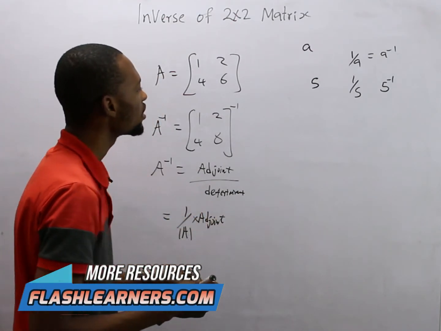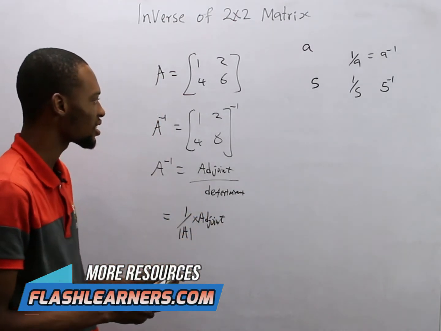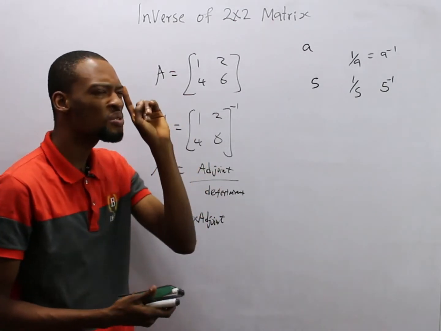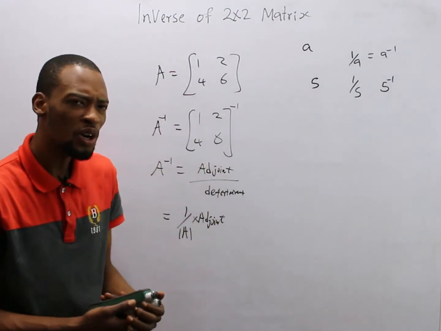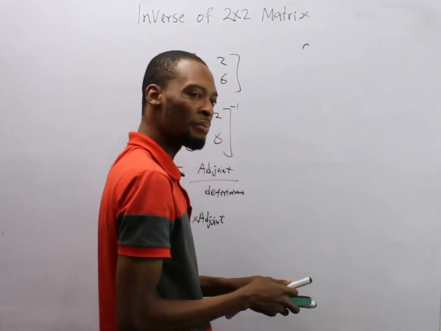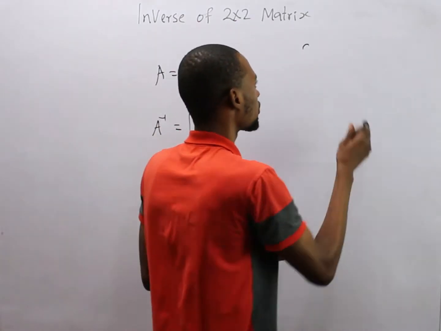So in summary, if you are given a 2 by 2 matrix and asked to look for the inverse, the first thing you do is look for the determinant.